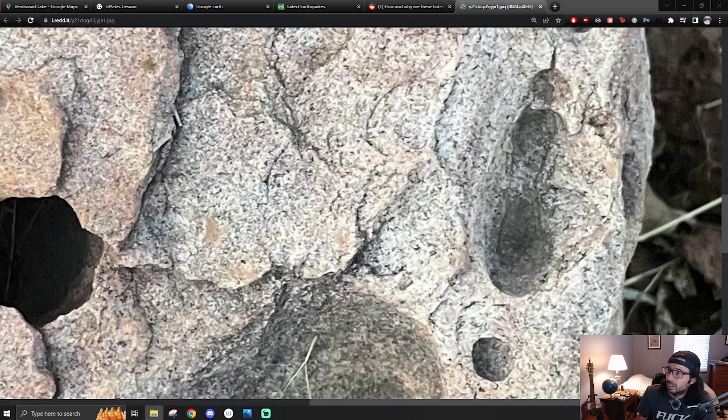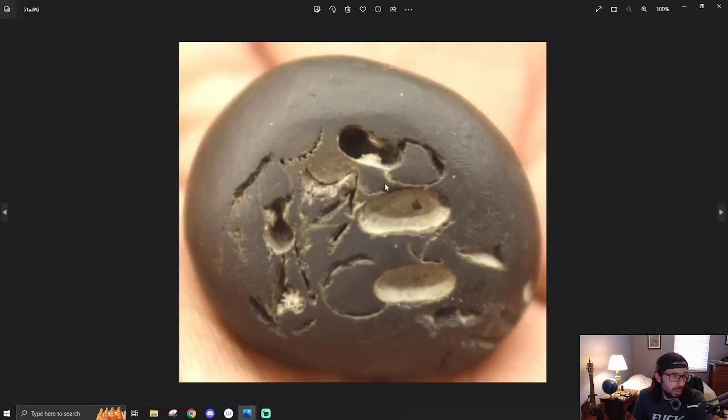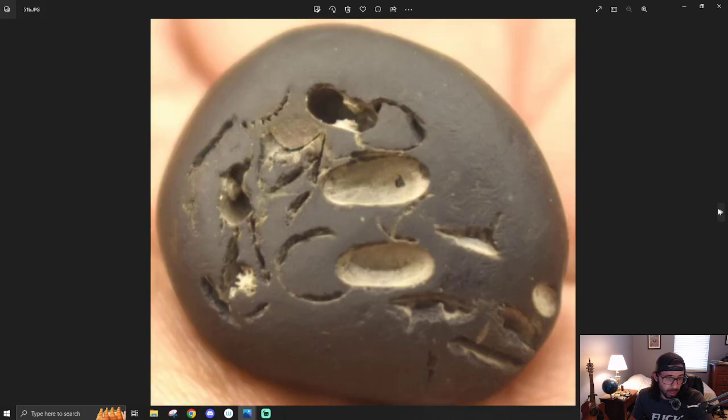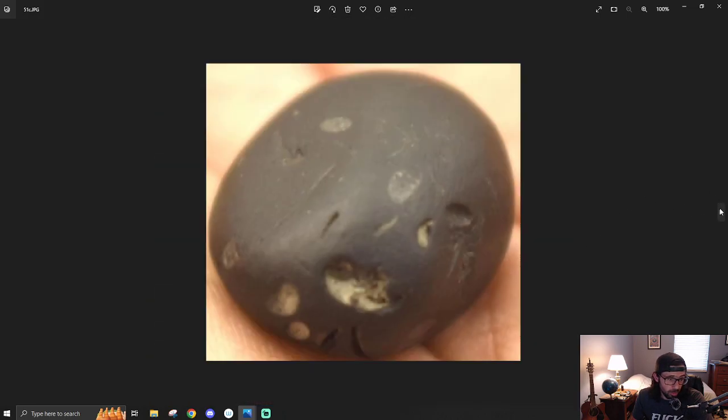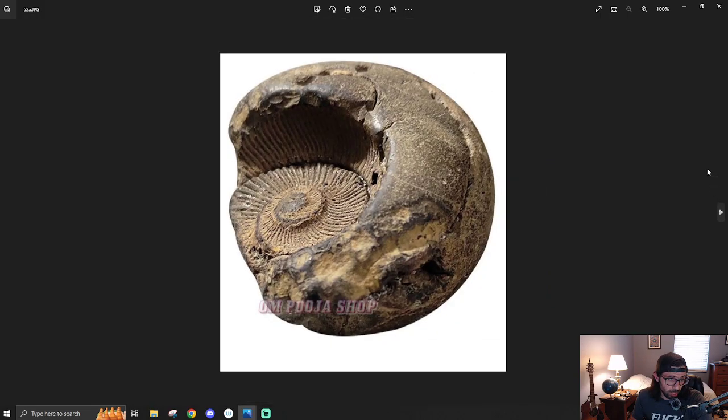So let me find some shalograms. Maybe this one. This is way more defined in this instance. But I'm wondering if it's generally the same process that, in these cases, is not as defined. Maybe I can find a better one that's more representative of that rock.